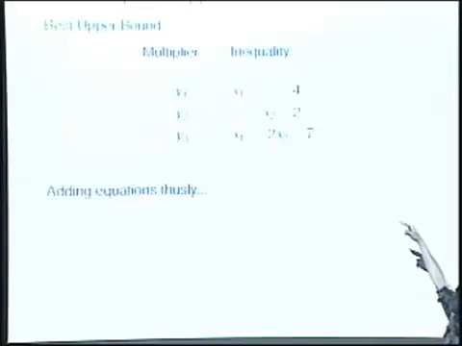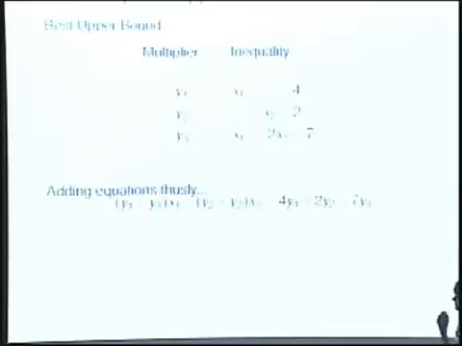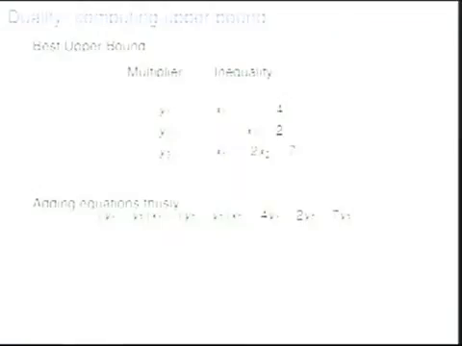Then we got a new inequality, x1 plus 8 times x2 is less than or equal to whatever that would be. So in general, if I add up y1 times the first inequality, y2 times the second inequality, and y3 times the third inequality, I get a new inequality.